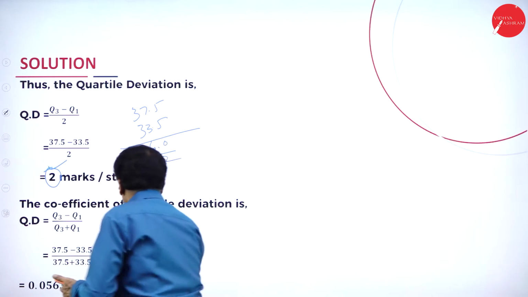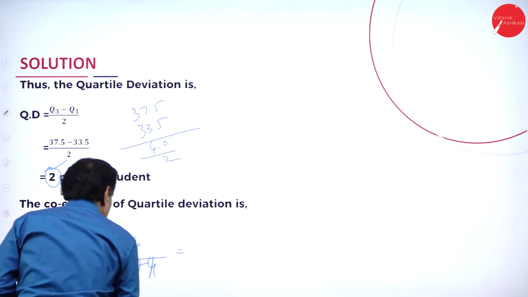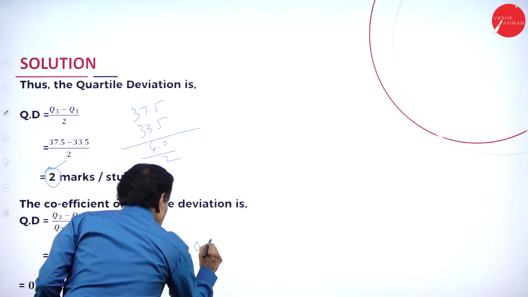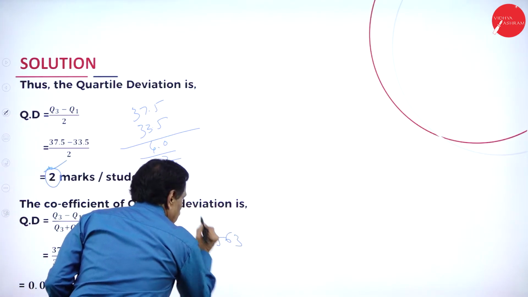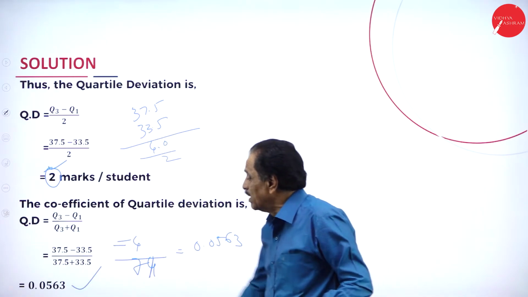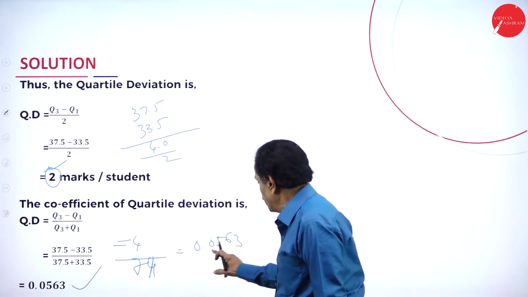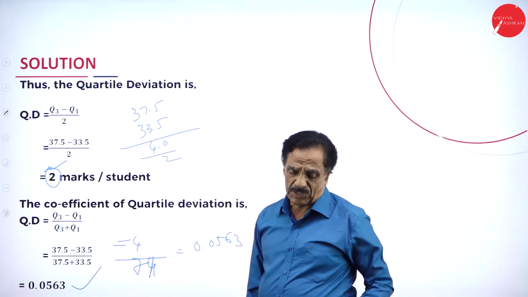If we divide 4 by 71, you get 0.0563. That is your answer.